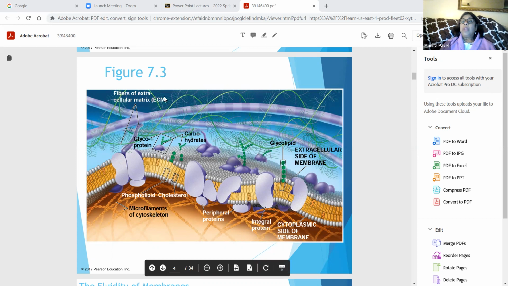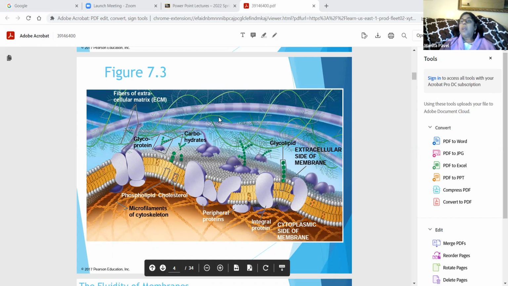Now you have the outside of the cell membrane and the inside of the cell membrane. This area here, which is outside the lipid bilayer, is called the ECM, extracellular matrix. A matrix is a network of all these fibers.